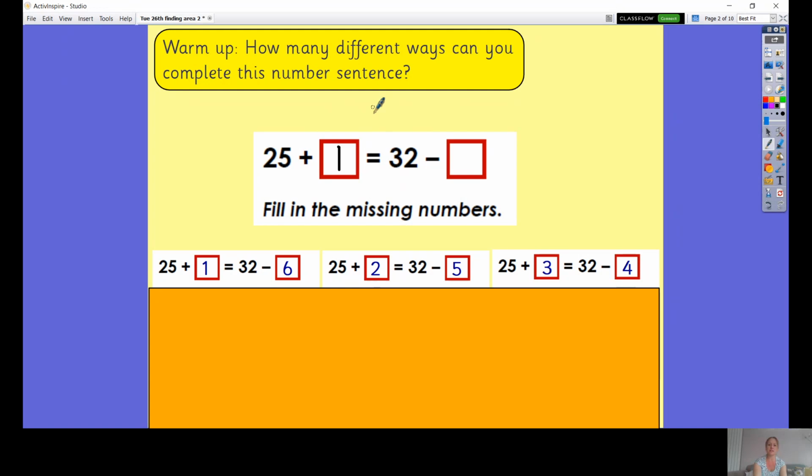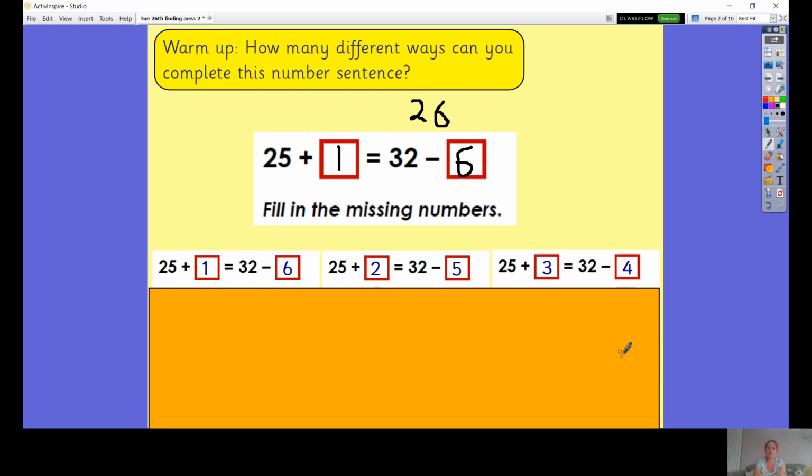And so I needed to make this side make 26 as well. So then I had to work out how many I needed. 32 take away what would make 26? I worked out that 6 would go in there.